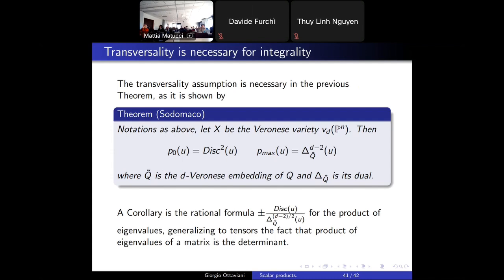Since there was a t-square, you see I had to put a square root. It's maybe not an expected formula that it is rational. We hope for some polynomial, but the degree did not match. And now they match with the number given by the formula of Friedland and Ottaviani. If you put it in, it works perfectly.